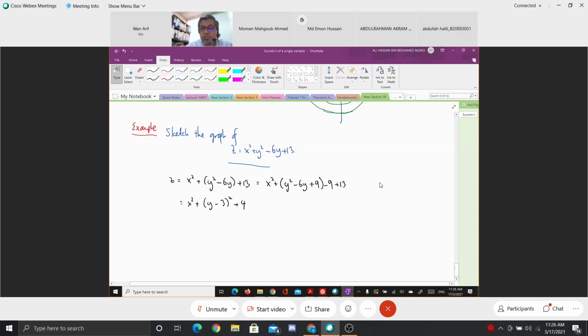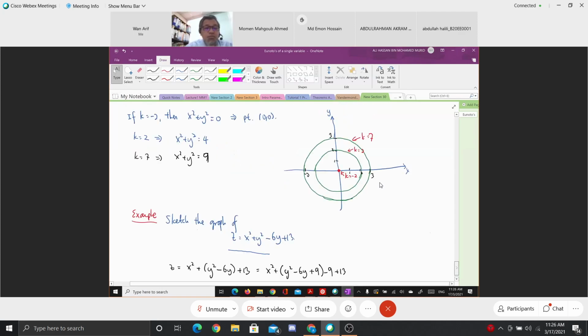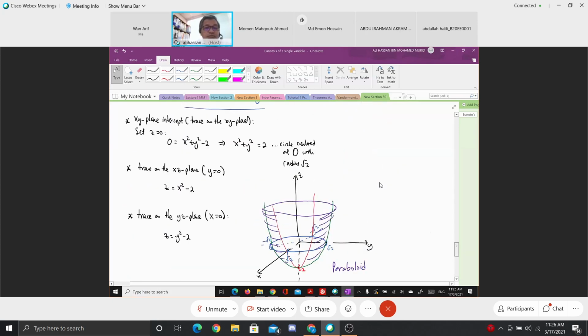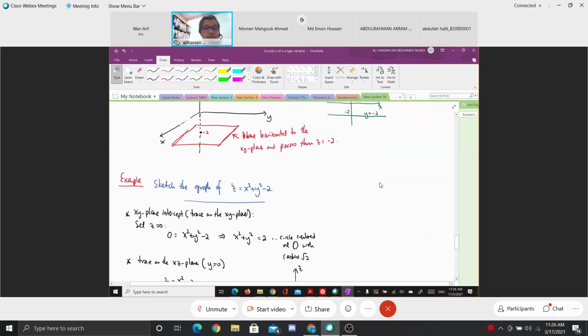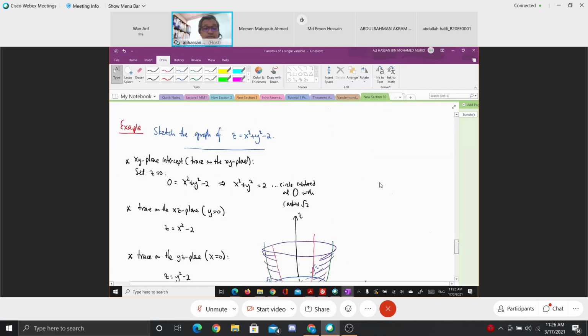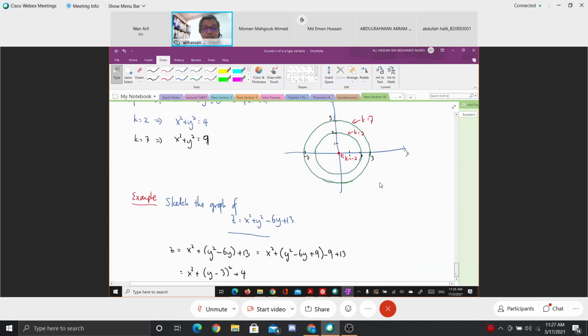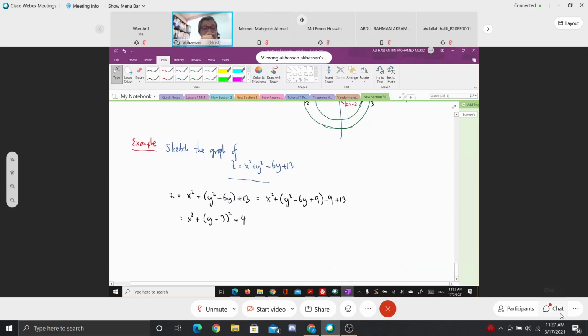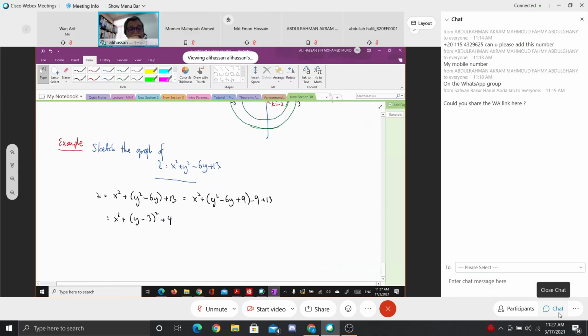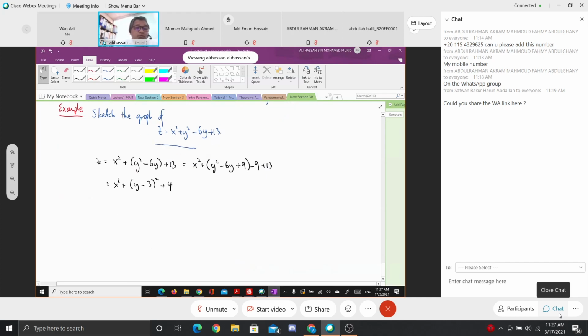This form is almost the same as the previous example. So this is also an equation of a paraboloid.